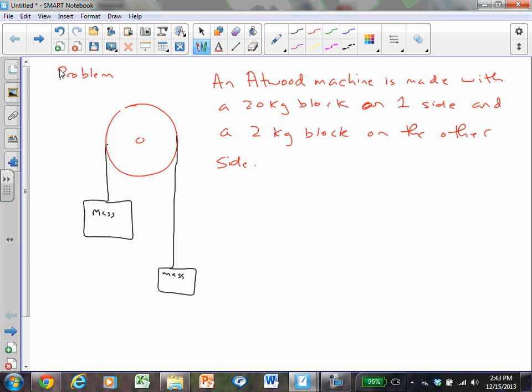What would the acceleration of the blocks be? And what will the tension in the string be?